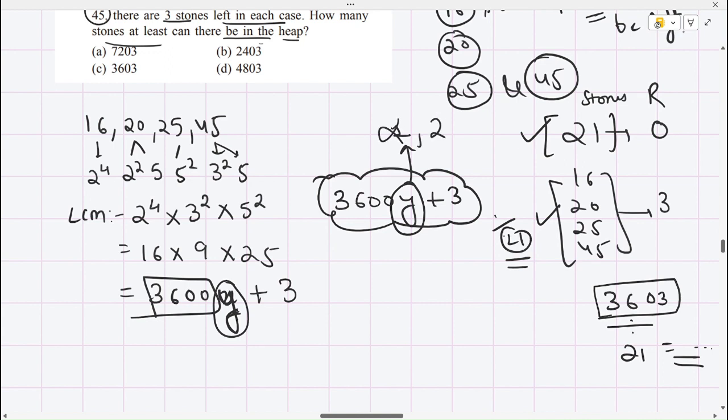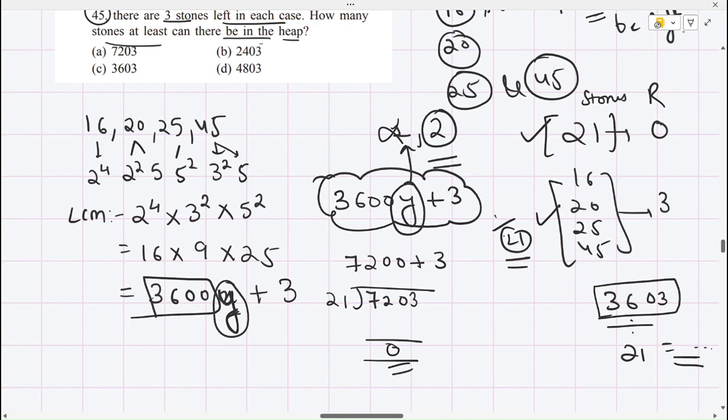Then when we check it by 2, see, this becomes 7200 plus 3, so it becomes 7203. And if we check by dividing 7203 by 21, the remainder that we receive will be equal to 0, which means that the least value, obviously we need to find the least value, after this there can be any number of multiples. So in the least value, 2 is the correct answer here, that is, when we put its value as 2, only then do we get the least value, which is 7203.